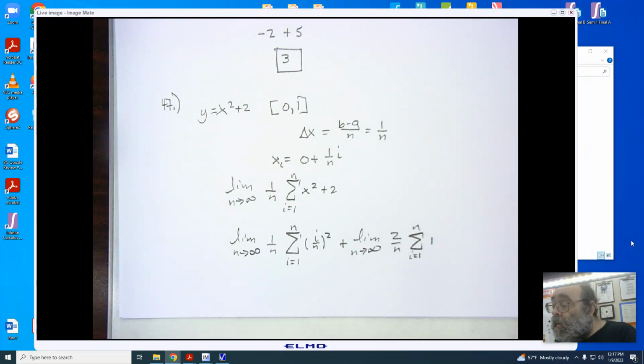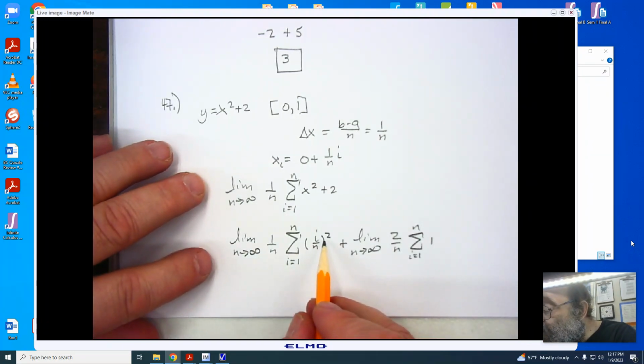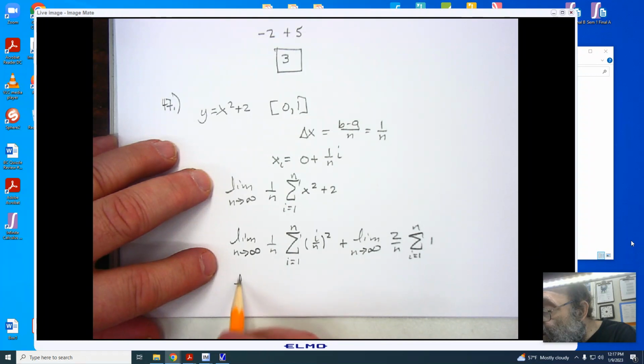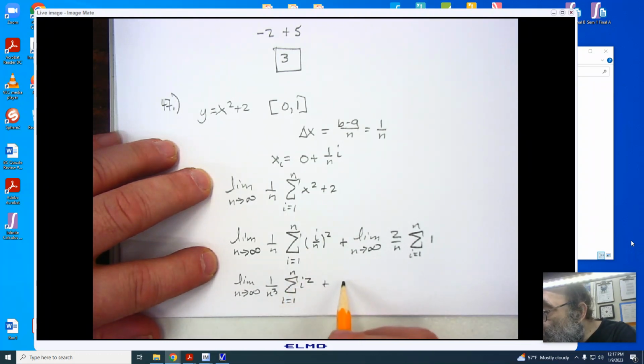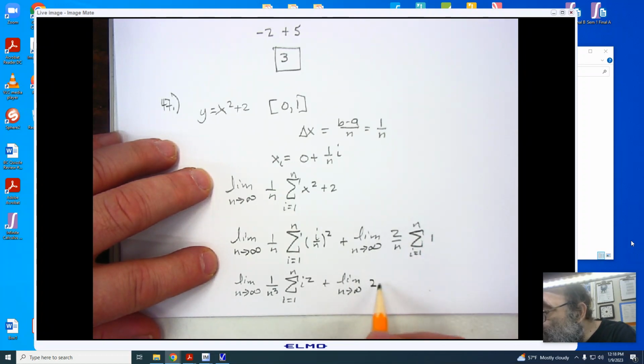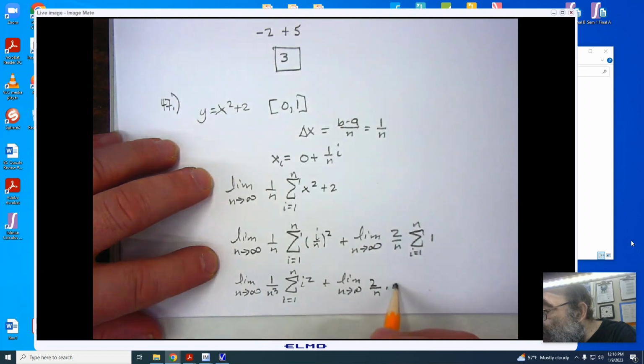This is now what I want to work with. This is the i squared. This is going to give me the limit as n approaches infinity for 1 over n cubed times the summation of i squared, plus the limit as n approaches infinity. And we can go ahead and talk about this as 2 over n times n.